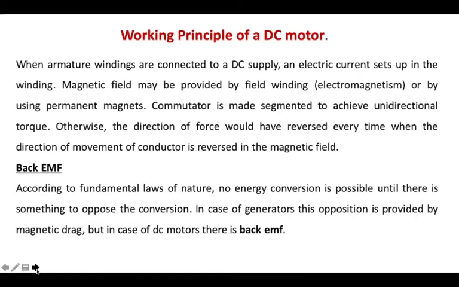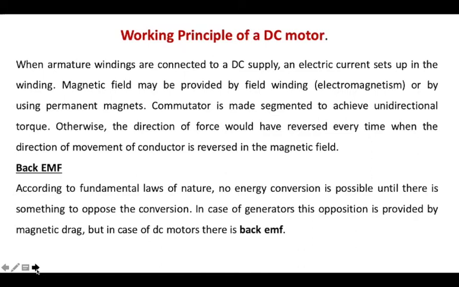that is electromagnetism. The commutator is made segmented to achieve unidirectional torque, because when the coil rotates, the direction of the current in that coil changes, as the coil is fixed to the commutator.